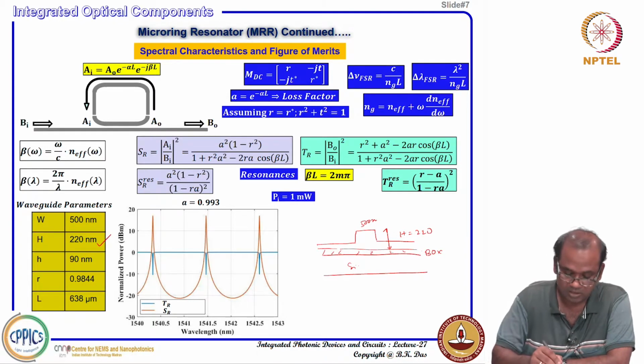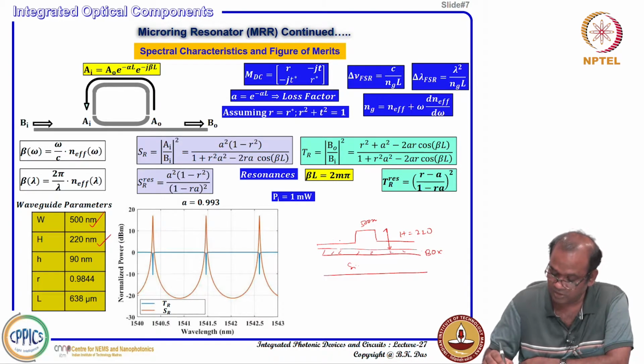Small h is the slab; for this SOI waveguide example we consider 90 nanometer.